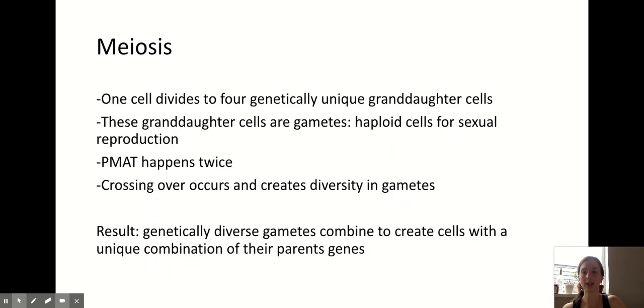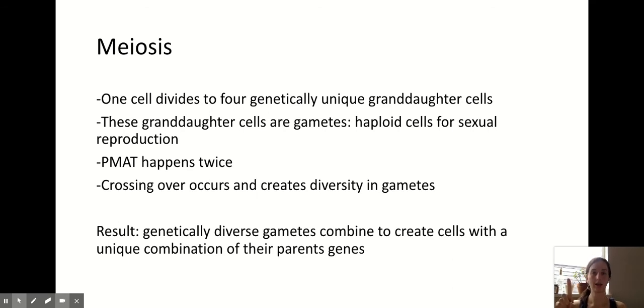Okay, so that's the big picture of those two. So what you guys are going to do is move on to the Venn diagram worksheet, just compare and contrast the two. Basically, what I want you guys to get out of this is that mitosis is just growth and repair. One cell becomes two identical cells. Meiosis is to create gametes, sex cells.